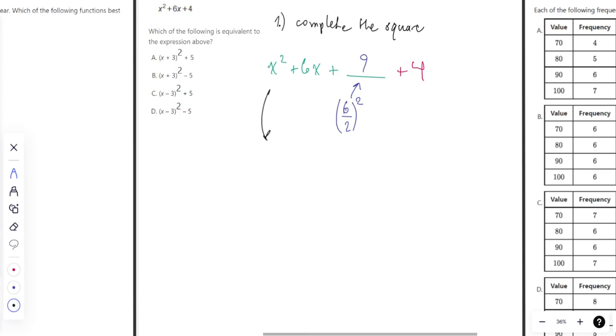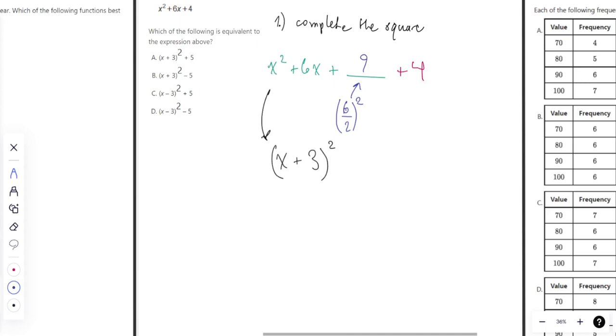Then when you actually factor this, you get something like x plus 3 whole quantity squared plus 4.